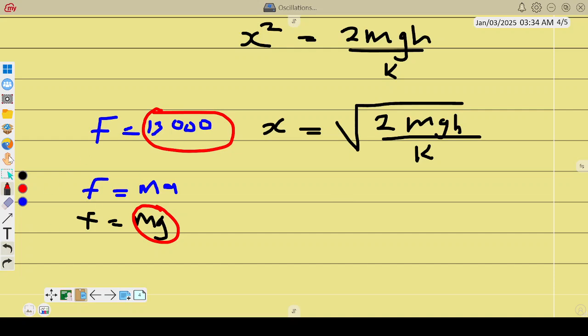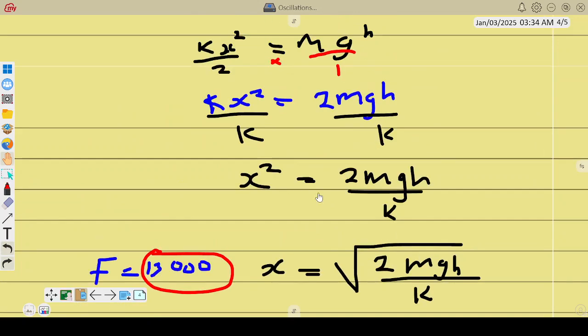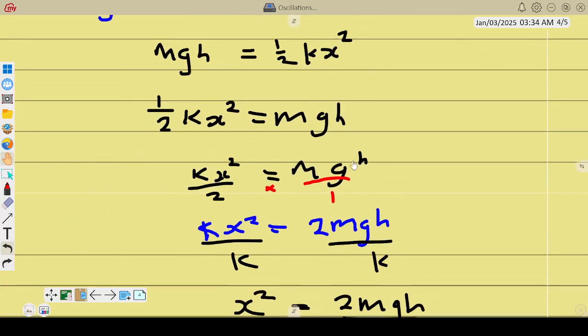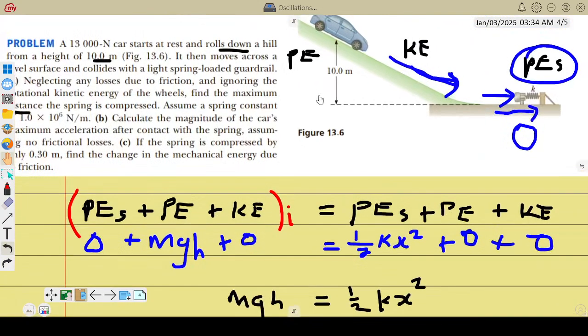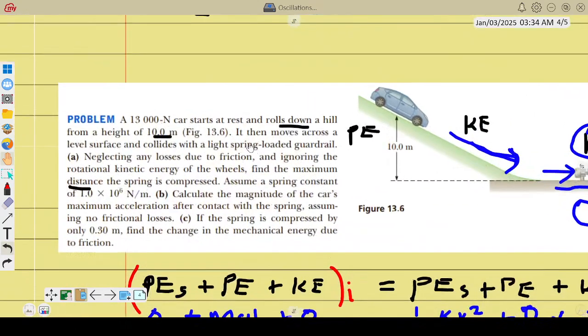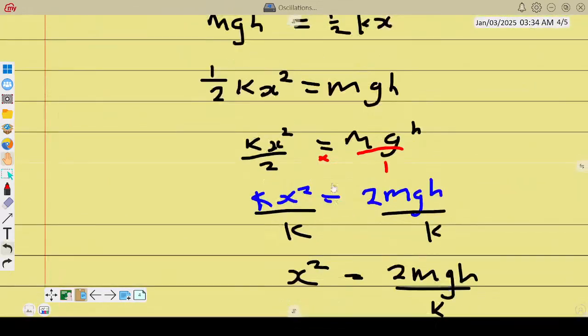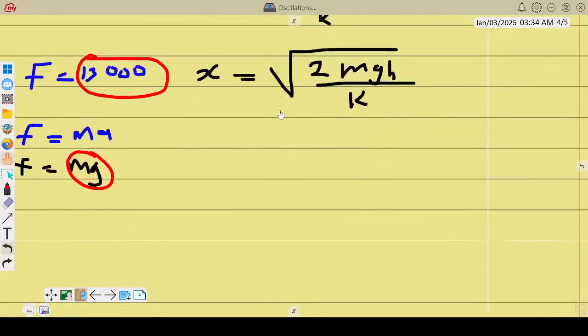Is the spring constant given? For the height, we know they gave us 10 meters. Spring constant, it's here 1.0 times 10 power 6. So what's remaining is just substituting.